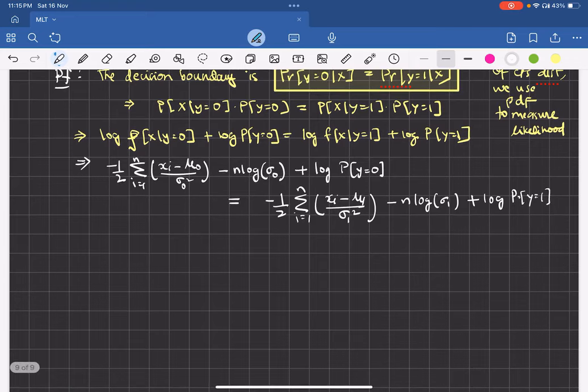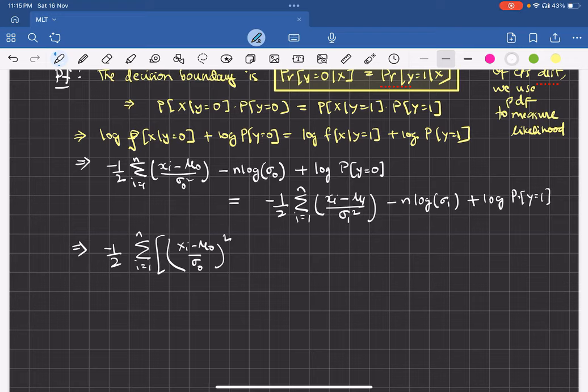Okay. Now let me bring both the terms to one side, and let me take the minus half outside. So I'll have minus half, and then summation i running from 1 to n. We will have xi minus mu naught by sigma naught whole square.